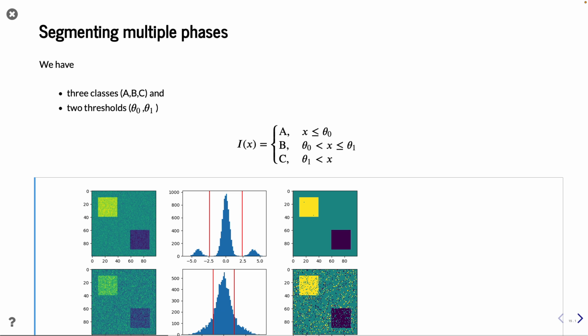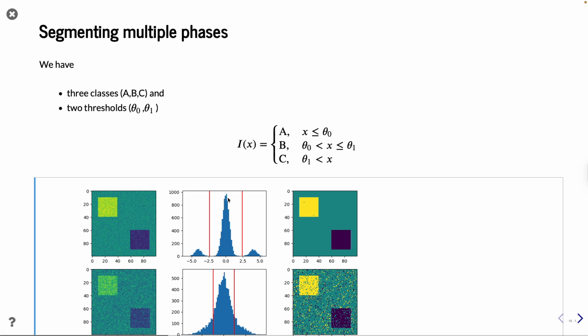If you just do the thresholding, you have in principle one threshold less than you have classes. So in this case I have 3 classes, and I put the thresholds in here. You see it's nicely separated in the histogram, and that makes it pretty easy to segment these 2 blocks.